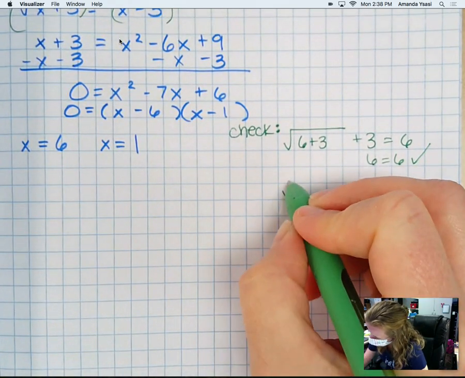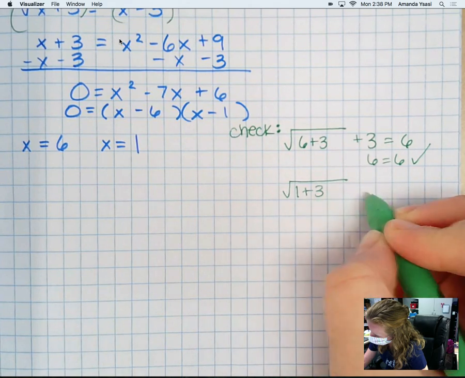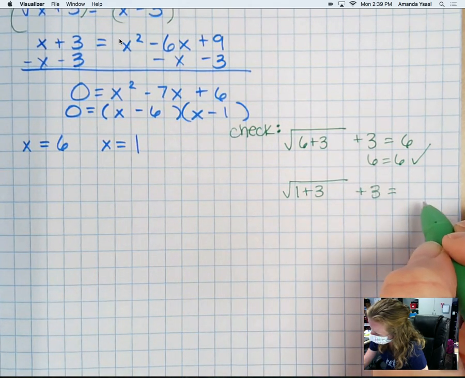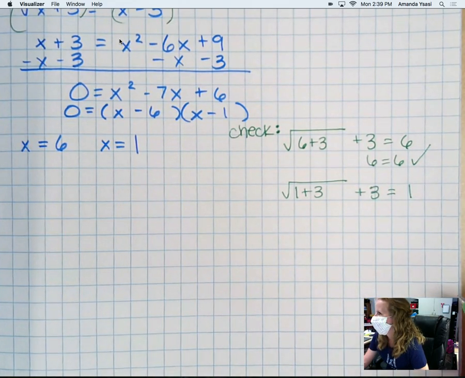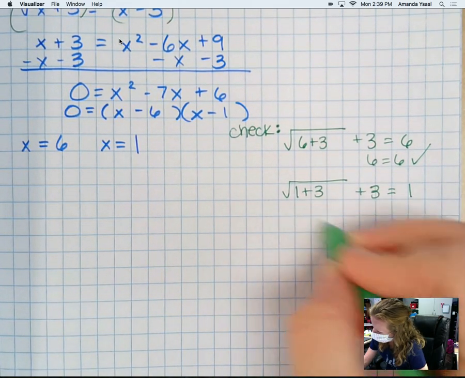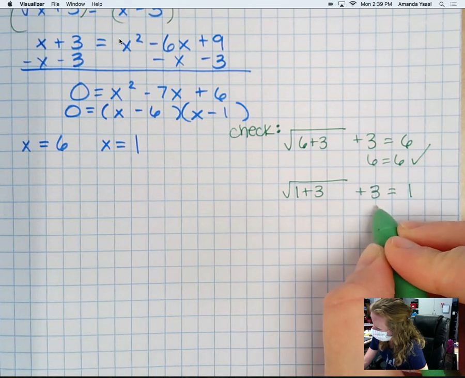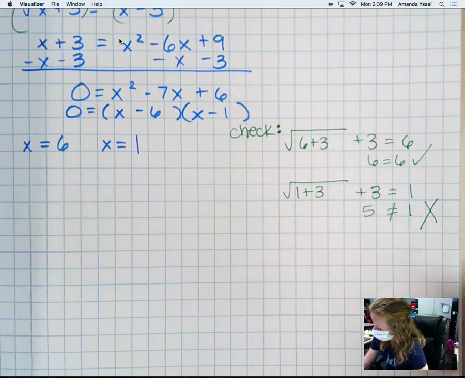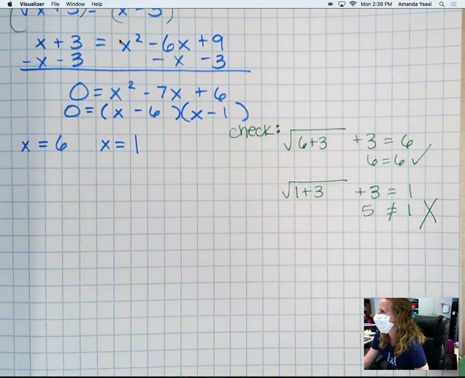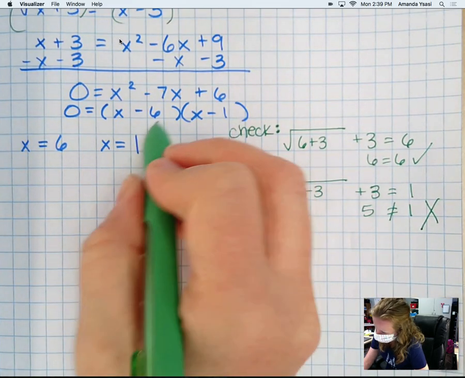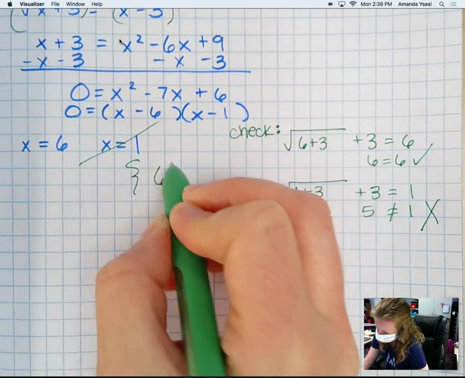And then square root of 1 + 3 = 1. So that would be 2 + 3 is 5. Doesn't equal 1. So our only solution is 6.